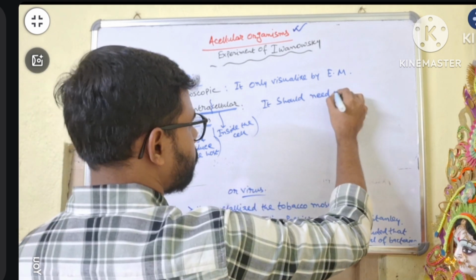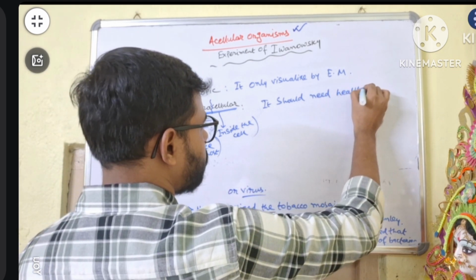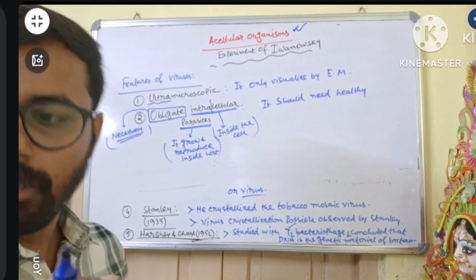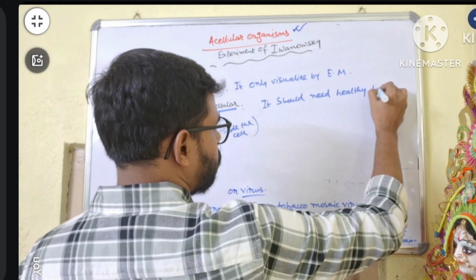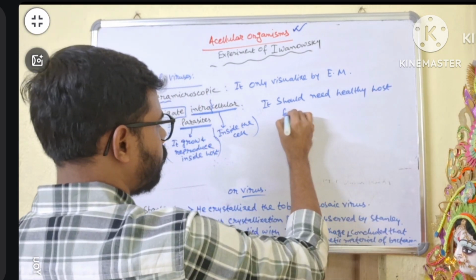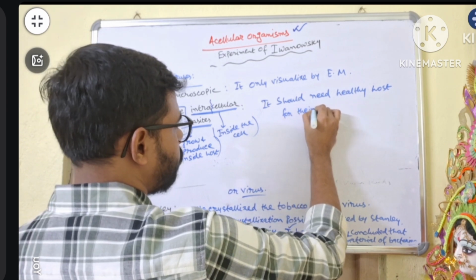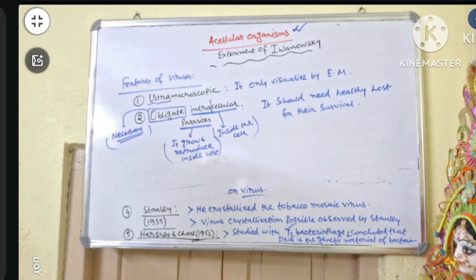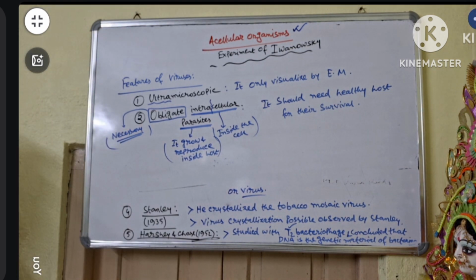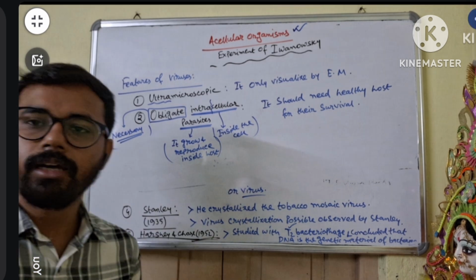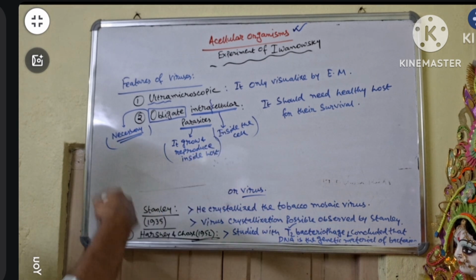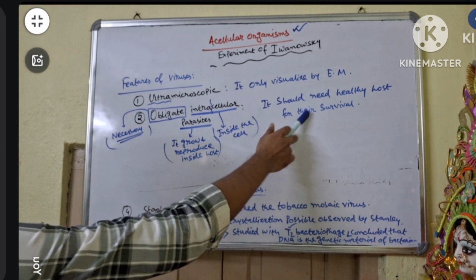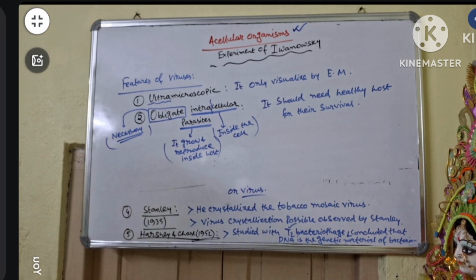It needs a healthy host. Without that, they cannot grow, they cannot reproduce. That is why these words are given in the feature. Obligate, it must need; intracellular, a particular host cell is needed. Inside the host cell, they grow and reproduce, and this is for the survival process.